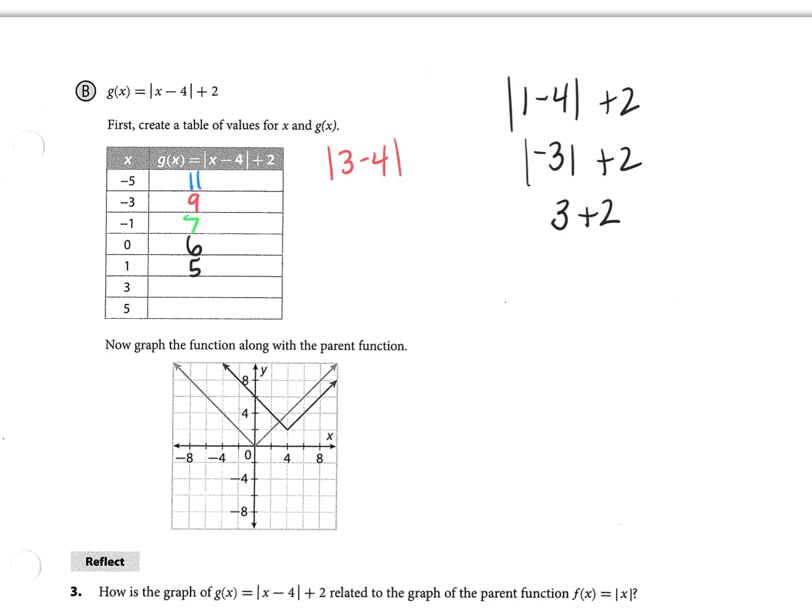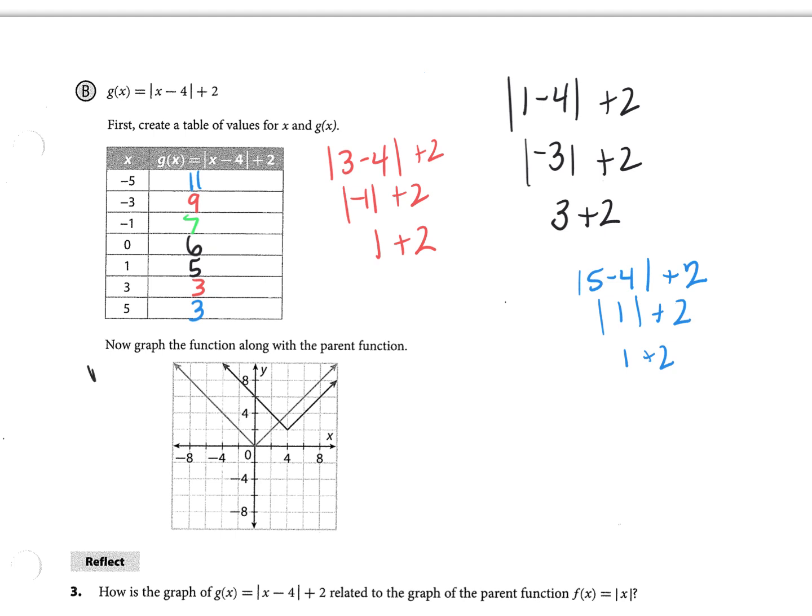3 minus 4 is -1. The absolute value of -1 is 1, and 1 plus 2 is 3. 5 minus 4 is 1. 1 has an absolute value of 1, and 1 plus 2 is 3.